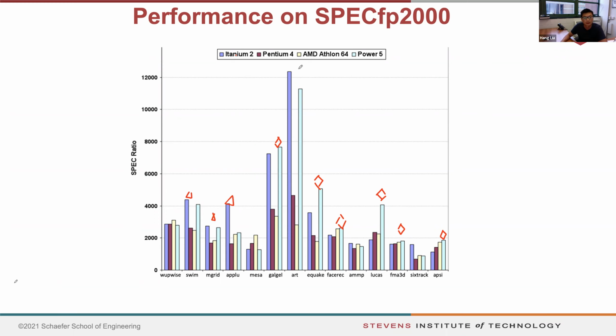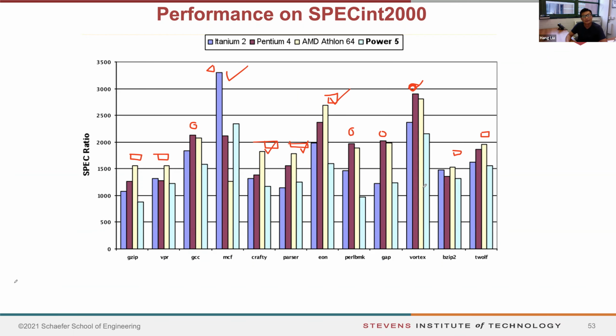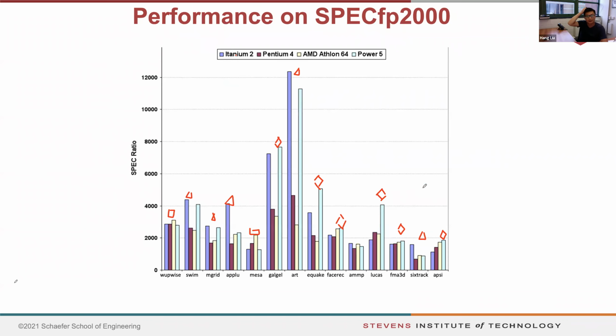AMD is a square. So as you can see here, in this case, it seems like AMD is the best, right? In this case, PowerPC is the best.